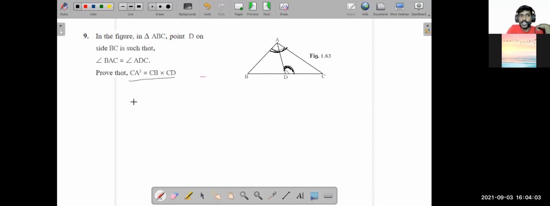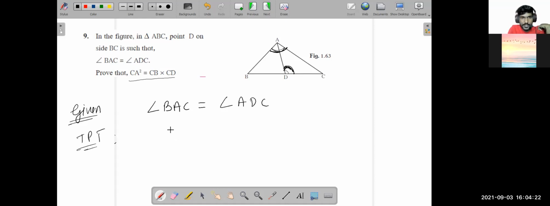You have to prove that CA square is equal to CB into CD. So first, given: angle BAC is equal to angle ADC. To prove: CA square is equal to CB into CD.